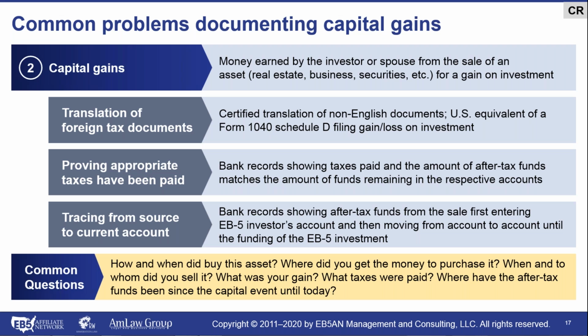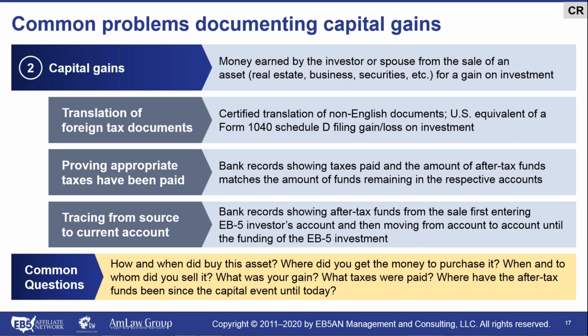As to the question here, when did they buy this asset and how might that affect it? I'm sure everybody's been affected by USCIS's policy of increasingly looking further back in the past to provide substantiation of where the funds came from to originally purchase the capital asset. That's becoming increasingly difficult for everybody, and it depends on the particular situation.